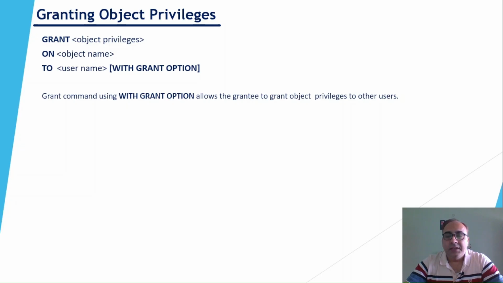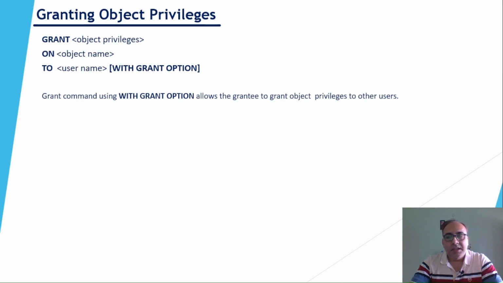If we are assigning an object privilege using this option, it means the grantee will have access by which he or she can also grant access to other users. If we are not granting object privileges using WITH GRANT OPTION, it means the assignee or grantee cannot further delegate it to other users.